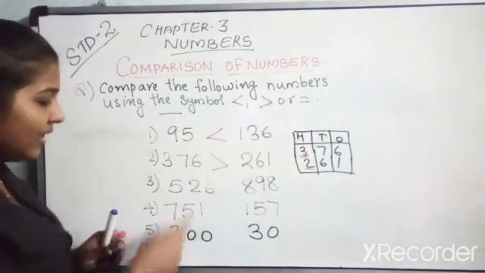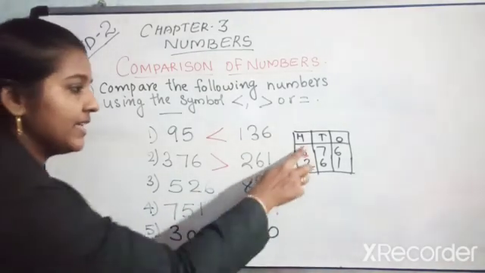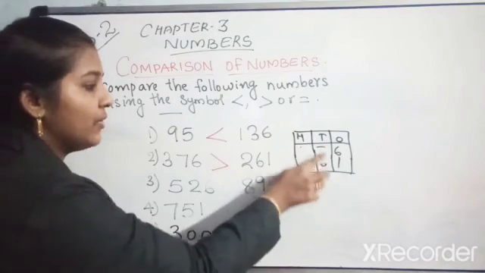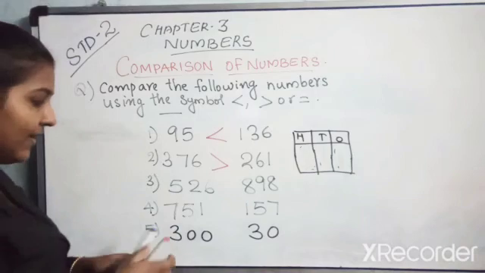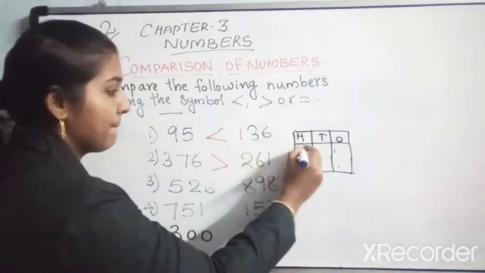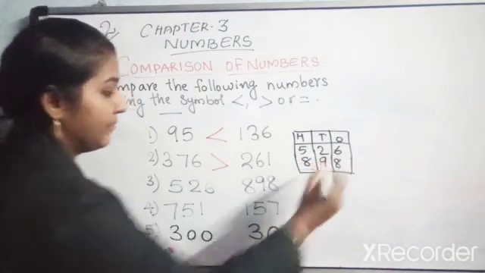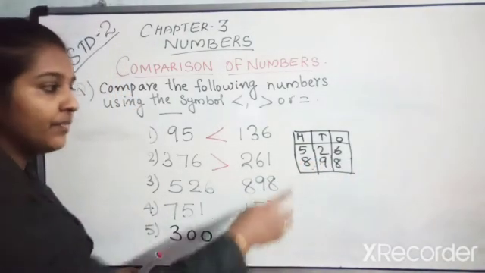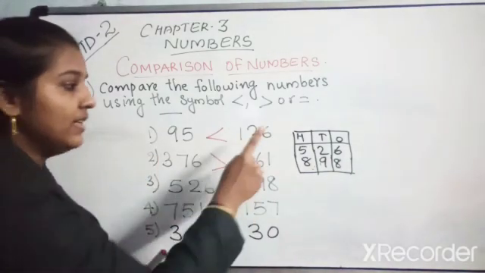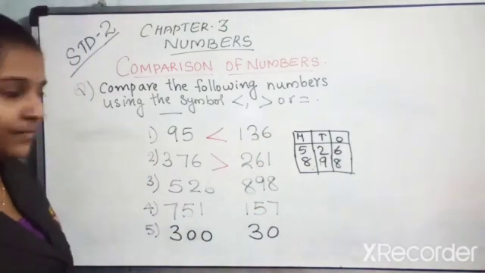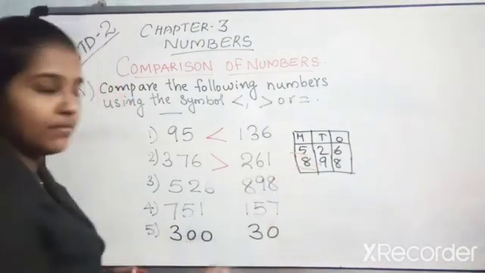Okay? Now next question, 526 and 898. So we will draw another place value chart for both numbers, that is 526 and 898. Okay? Now look here. Both are 3-digit numbers, isn't it? So check the digits in hundreds place. Here hundreds place digits are 5 and 8.